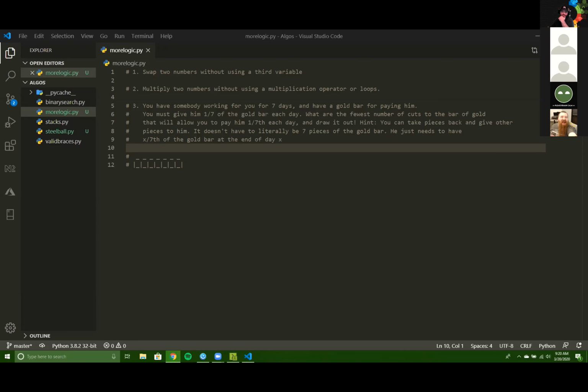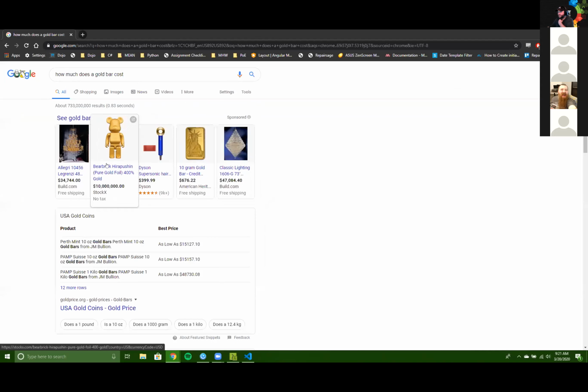Well, a standard gold bar is a big one. An ounce is like the size of a small coin or something. Yeah, sorry, I was thinking of a coin. It's like 1,600. I'm looking it up. So here, I just want to show you this. This little gold bar, it's 400 ounces of gold, and it's $10 million. I'll take that at the end of the week.